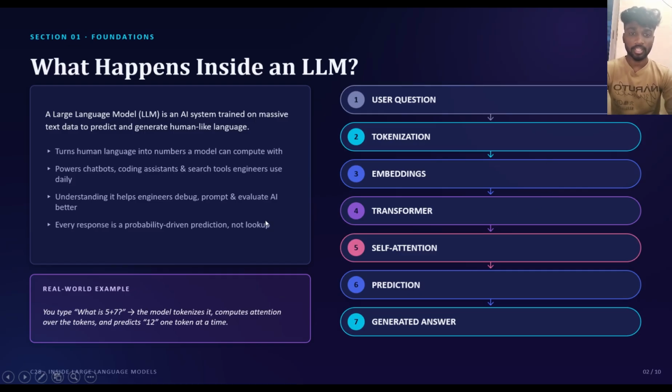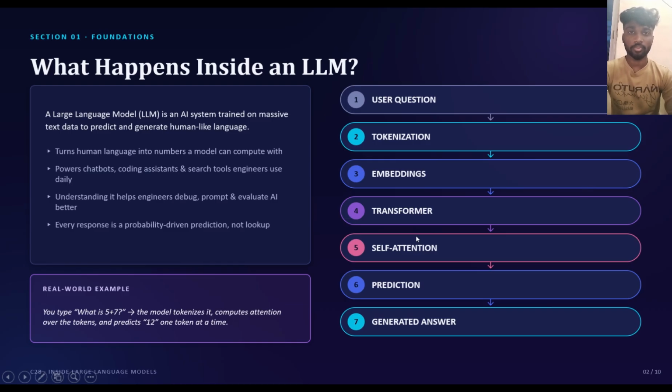First, let us understand what a large language model is. An LLM is an AI system trained using a very large amount of text data. Its main purpose is to understand patterns in language and generate human-like text.